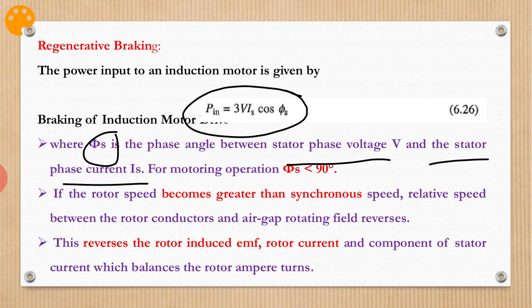For motoring operation, the phase angle phi s is less than 90 degrees.